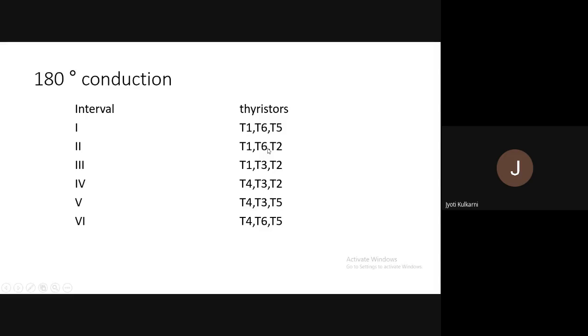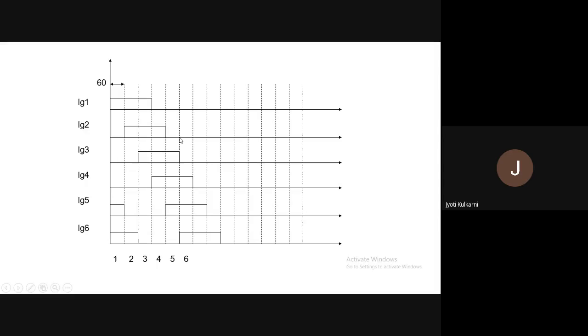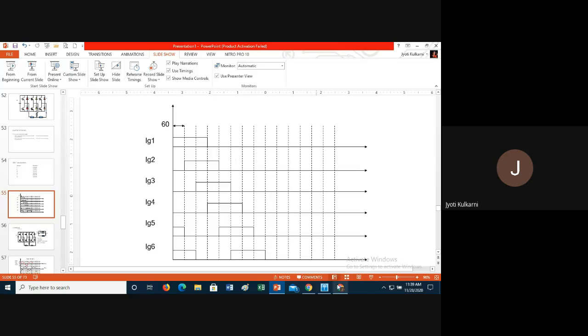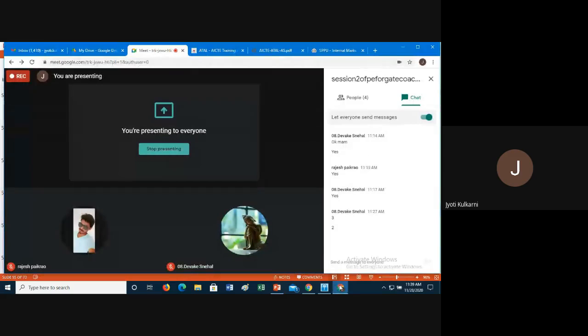Clear? You are supposed to manage this table properly, because in the examination they will give you the circuit, and you are supposed to prepare a table and your gate scheme, and then you are able to answer the questions. Until you prepare the table properly, you will not be able to answer the questions properly.